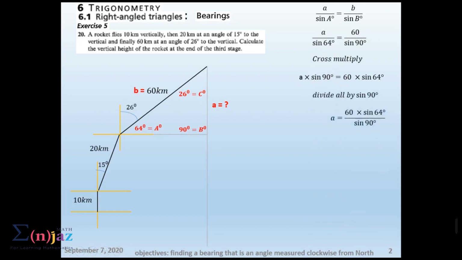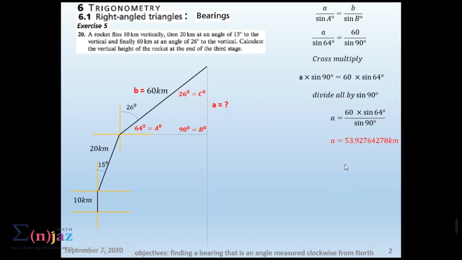Accordingly, a is going to be equal to 60 times sine 64, all divided by sine 90. If you insert this in the calculator, you're going to end up with a equal to 53.9 kilometers, and this is rounded to 3 significant figures.